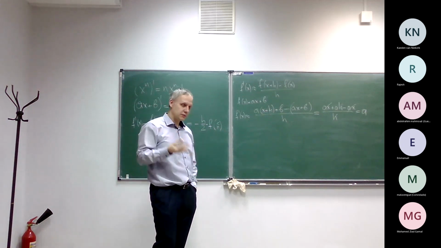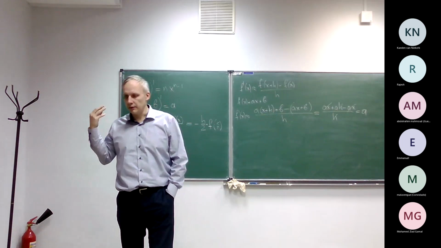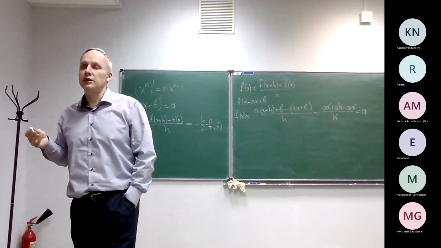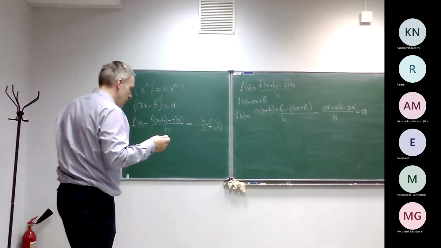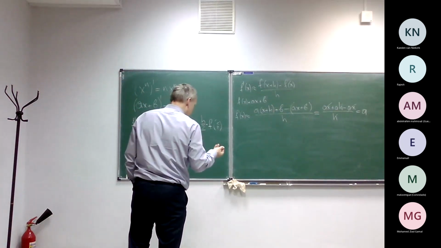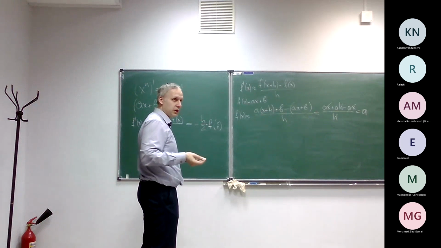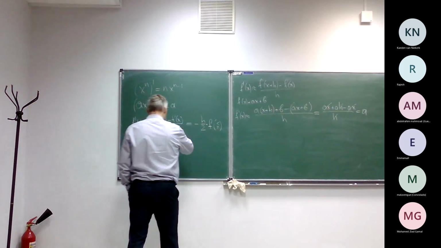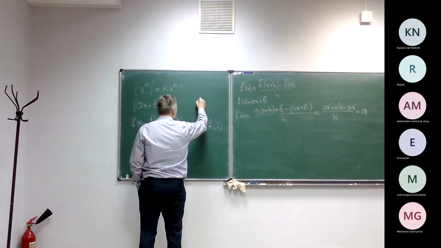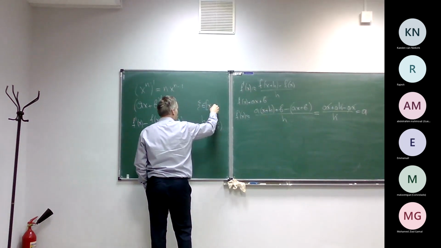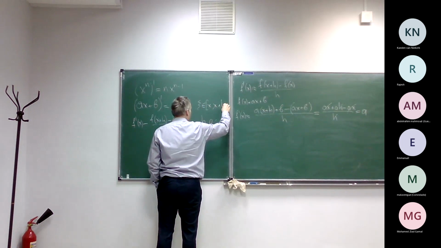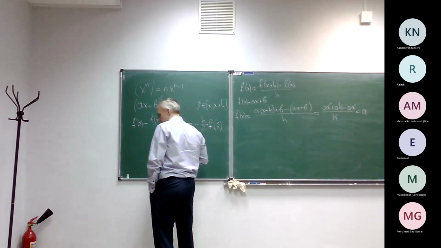This Greek letter usually denotes the point that we don't know in advance, but we know the range. The range that this point belongs to. And in this case, the point c must be between x and x plus h.